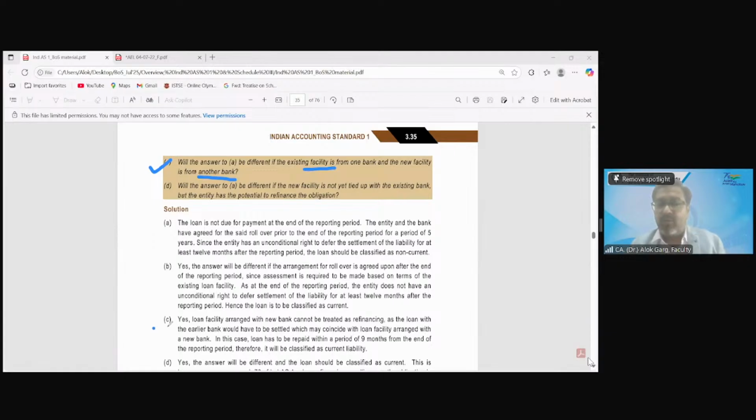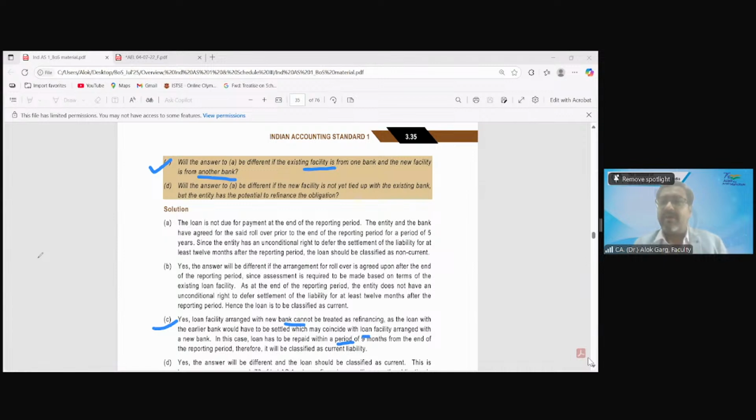Yes, a loan facility arranged with a new bank cannot be treated as a refinancing, as the loan with the earlier bank would have to be settled, which may coincide with the loan facility arranged with a new bank. You have to pay one and take from the other. In this case, the loan has to be repaid within a period of 9 months from the end of the reporting period. Hence, it will be classified as a current liability.